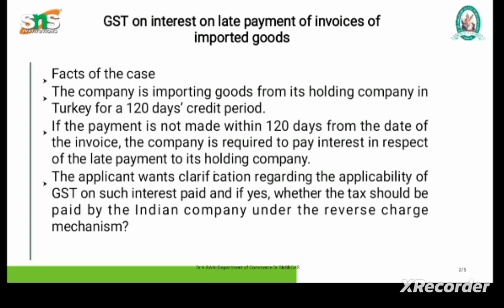Discussion and findings: as per entry 5 of Schedule II of the Central Goods and Services Tax Act 2017, agreeing to the obligation to refrain from an act, or to tolerate an act or a situation, or to do an act is a supply. In the given case, it can be said that the foreign supplier has tolerated the act of receiving payment beyond the agreed credit period of 120 days.